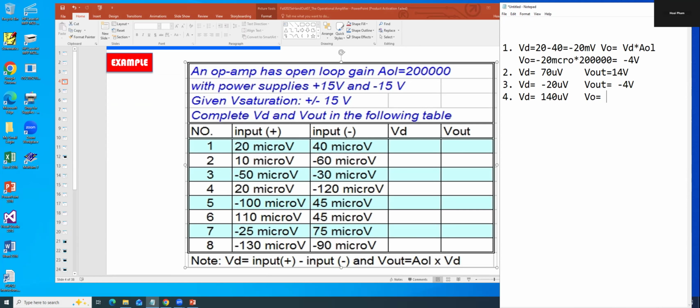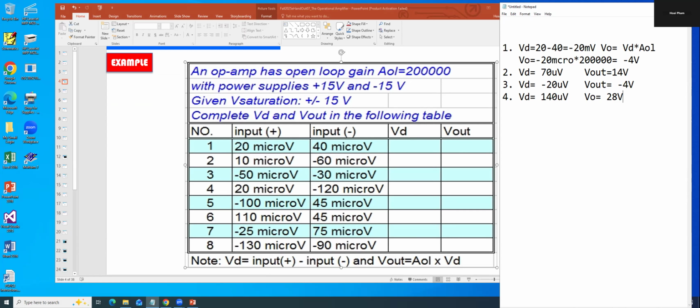Now, that is the correct number. However, we already know the output of the op amp cannot be higher than the power supply, plus or minus 15 volts. So it cannot equal 28 volts.